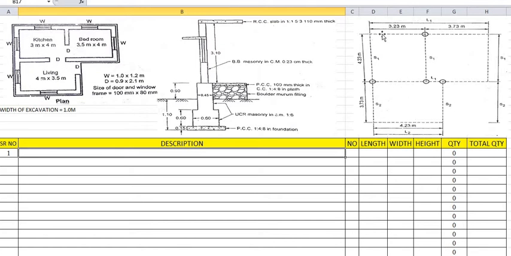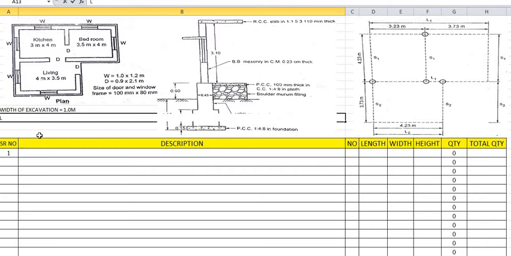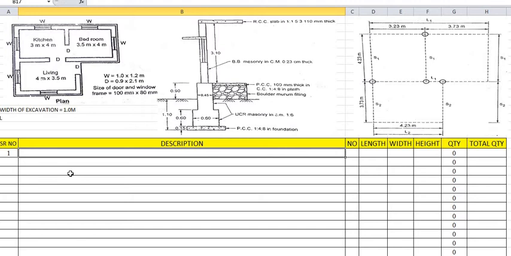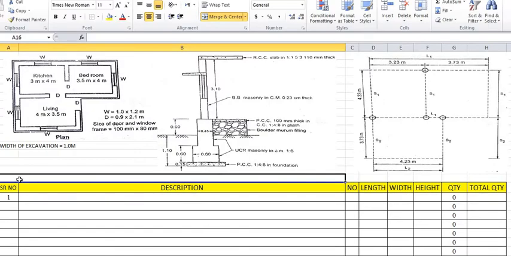Along the x direction we have added this, so we will write down the values here. We will find out the length of the long wall.